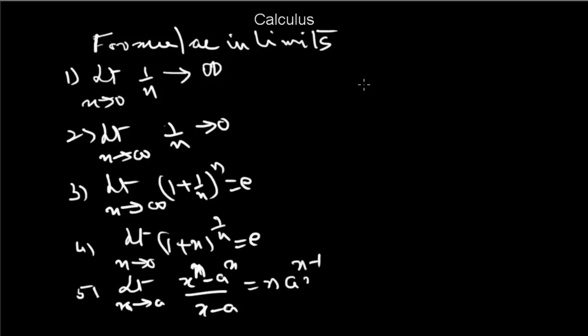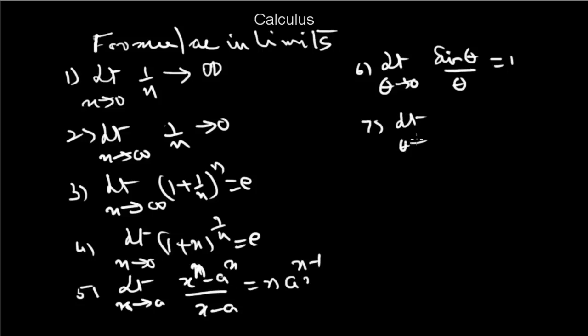And number 6, limit theta tending to 0, sin theta by theta is equal to 1. Number 7, limit theta tending to 0, tan theta by theta is also equal to 1. Here theta is measured in radians.